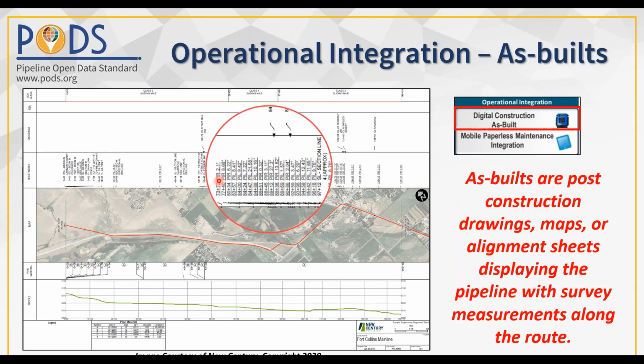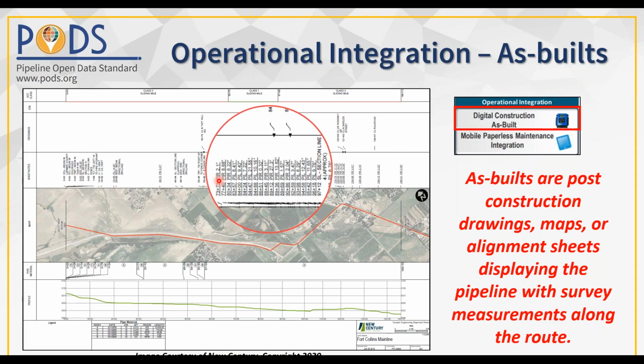So we talked a little bit about as-builts early on. We talked a little bit about the alignment sheet, and I mentioned that there are pre-construction ones and post-construction ones as well. What you're looking at right now, in the highlighted area, is the as-built information.